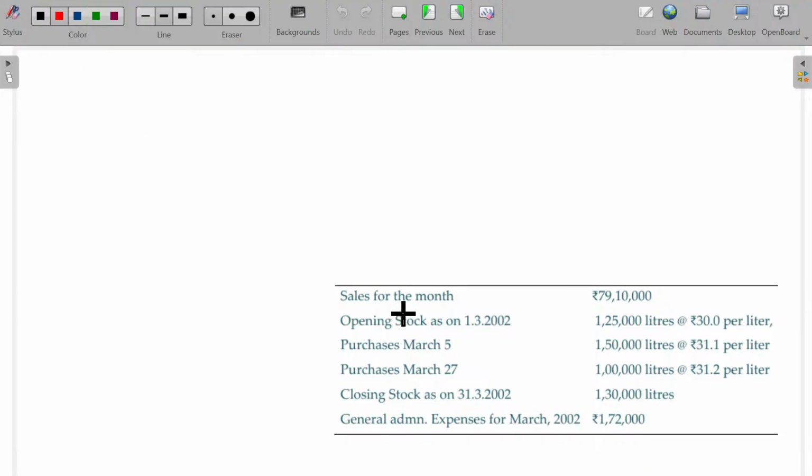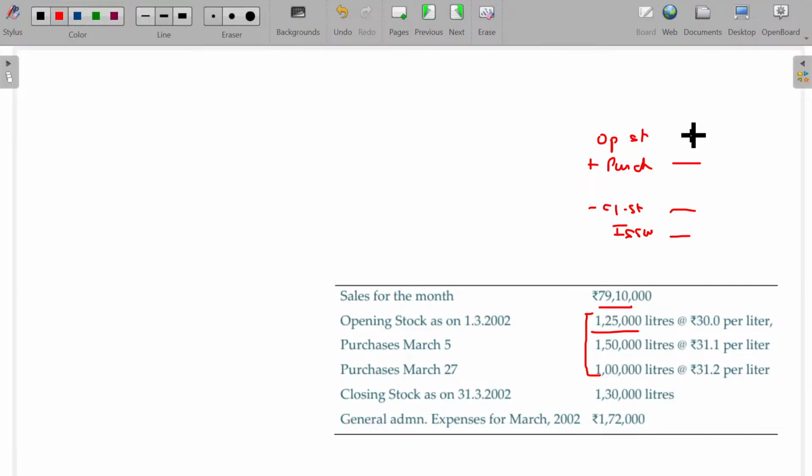Now, sales, opening stock and purchases, these are receipts: opening stock plus receipts. And what about the issues? Opening stock plus purchases minus closing stock is nothing but issues or consumption.